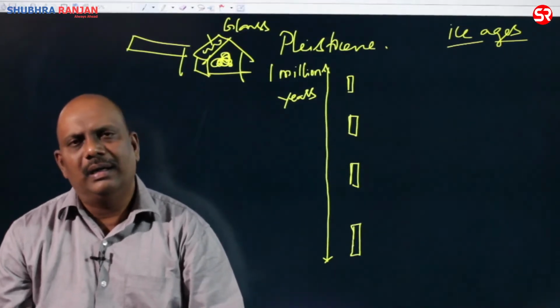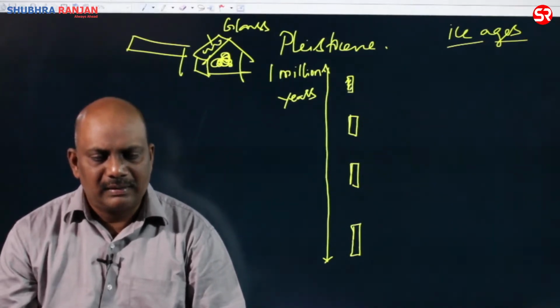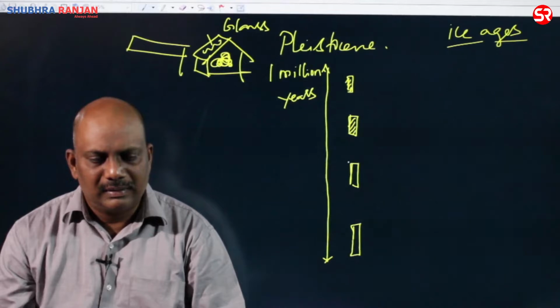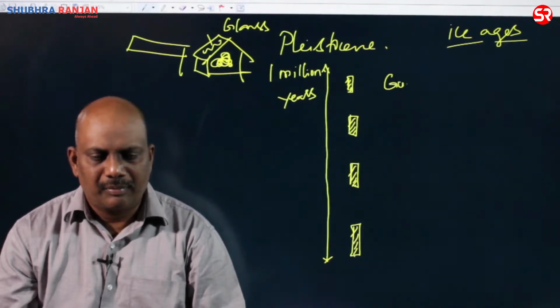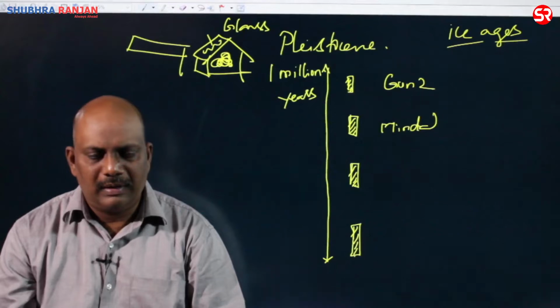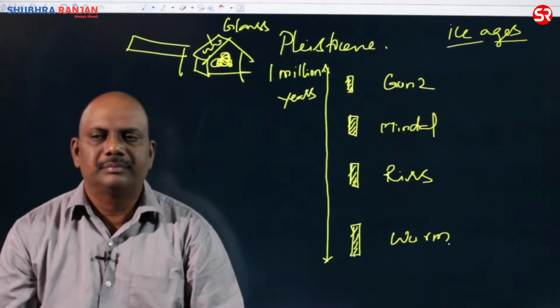And these events are named as Gunz, Mindel, Riss, and Wurm.